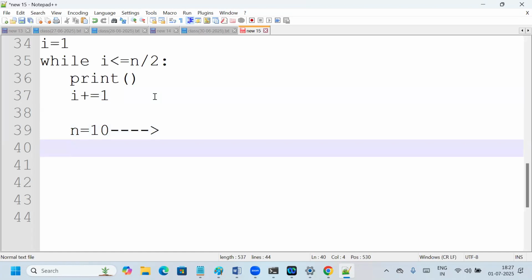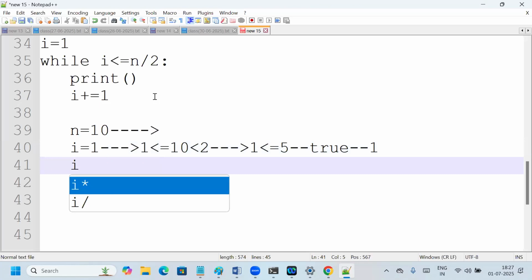Initially, i value is 1. Then 1 is less than or equal to 10 by 2, which means 1 is less than or equal to 5. Condition true. This is one comparison.